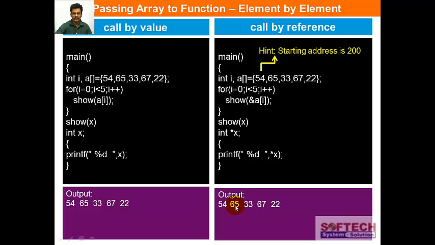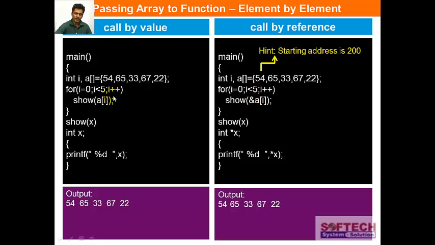That 65 is printed, then control returns. Then I is 2, and the address of A of 2 is 204. It gets the value and displays it. So this also rotates 5 times.